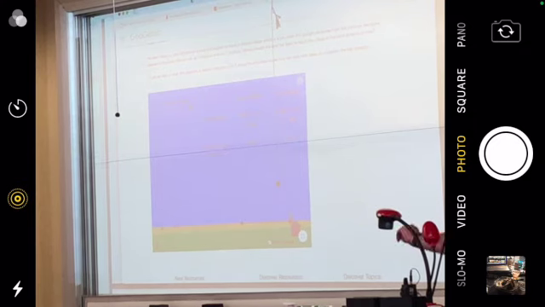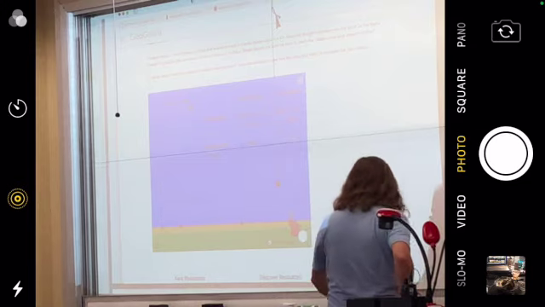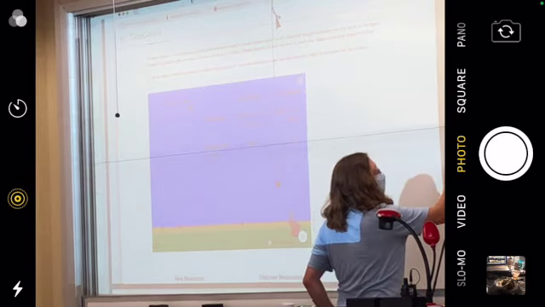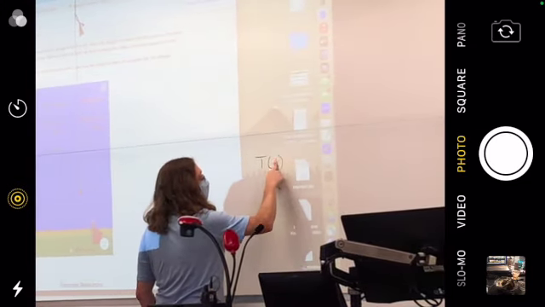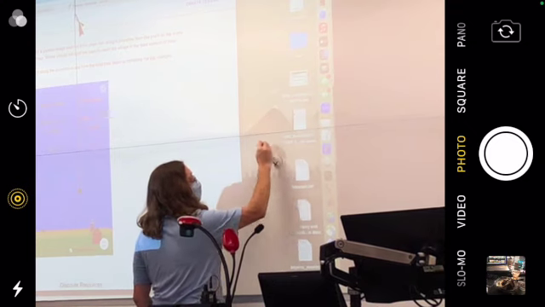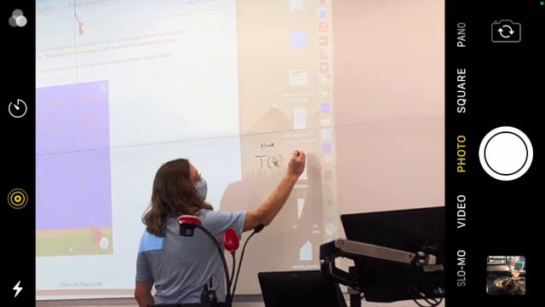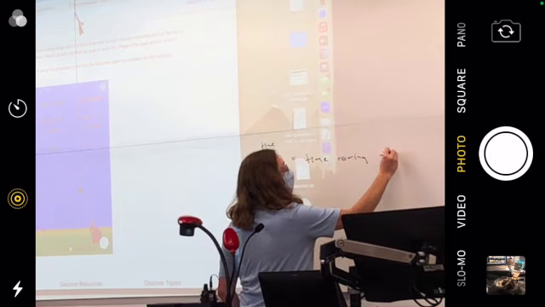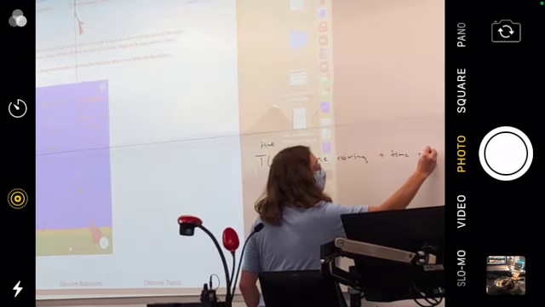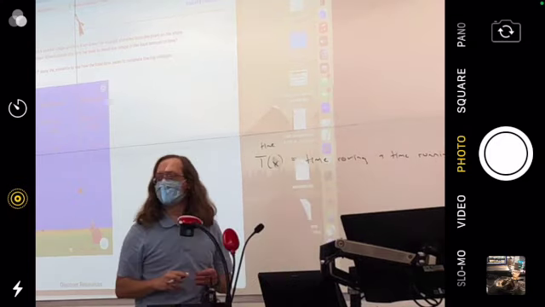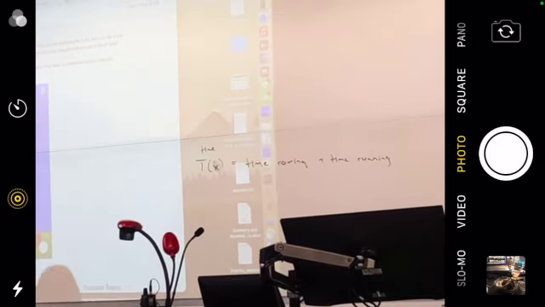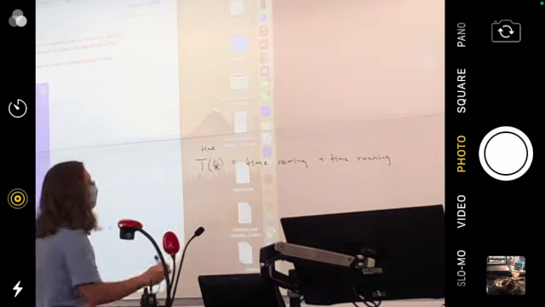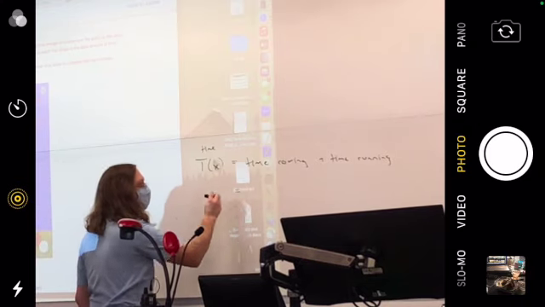How do we set this one up? What is my total time, as a function of X? My time is equal to the time rowing plus the time swimming or running. How do I find time rowing?